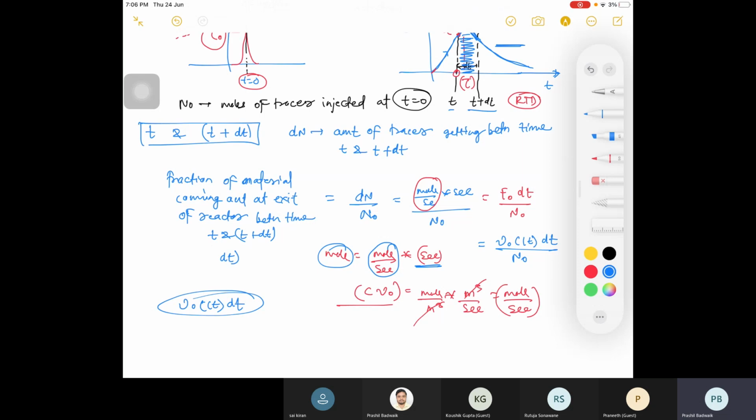Are you guys clear with this? How much material came in dt time, based on your flow rate, volumetric flow rate and this concentration? Any doubt here?